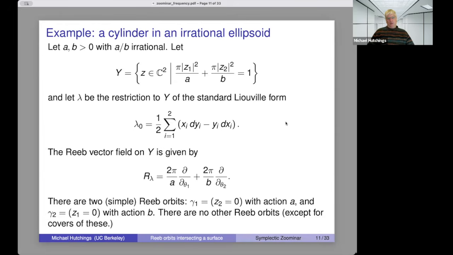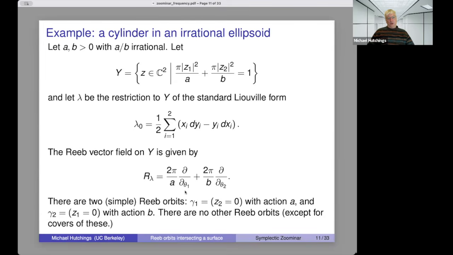This is a star-shaped hypersurface in R4. And like any star-shaped hypersurface, if you take the standard Liouville form and restrict it to the hypersurface, you get a contact form. And in this case, you can calculate the Reeb vector field, and it's given by this formula.